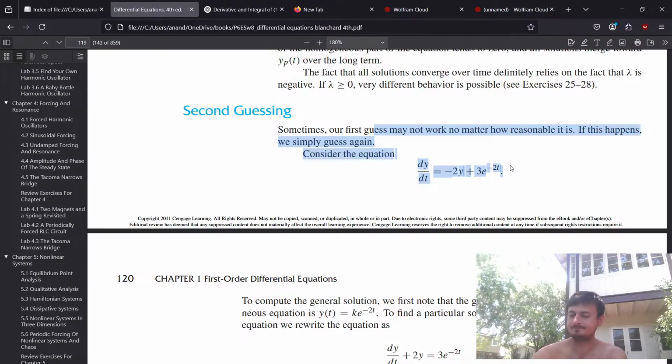Consider which one? y dot plus 2y is equal to 3e to the minus 2t.